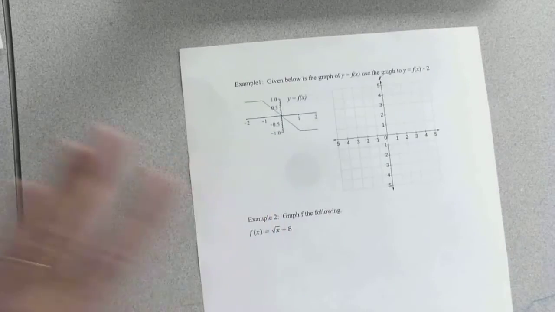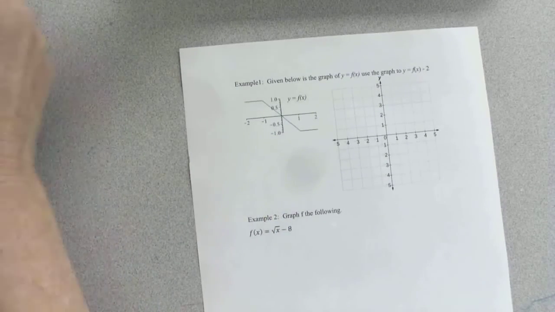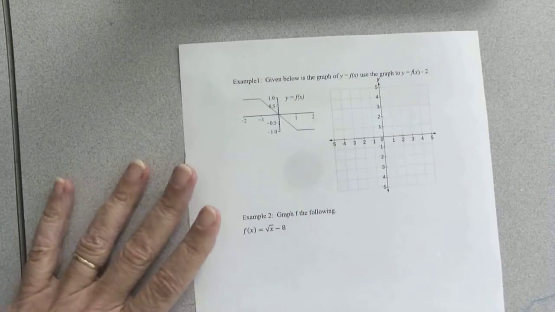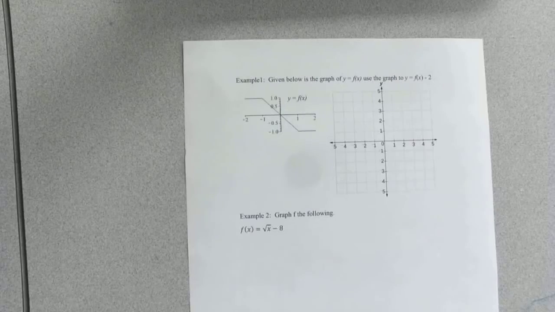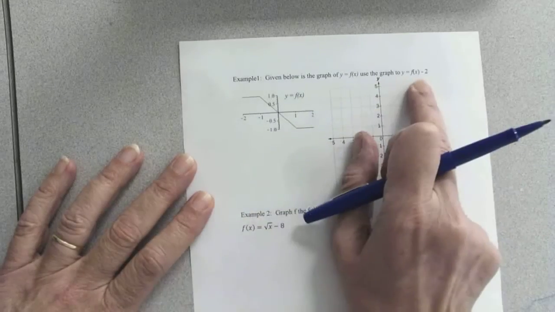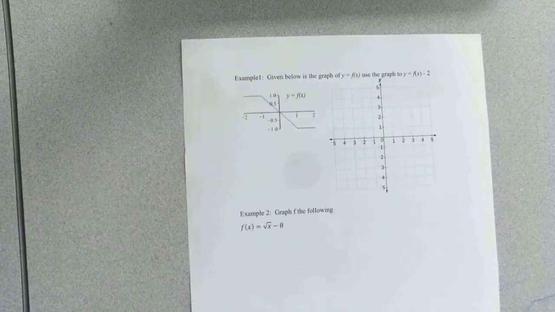Okay, let's see it in action. So we've got a graph there. Given below is the graph of y equals f of x. Use the graph to graph f of x minus 2. So what they're saying is, here's your basic shape, graph this. Now on a test or quiz, if I gave you something like that, I'm just going to look for something that looks like you tried.